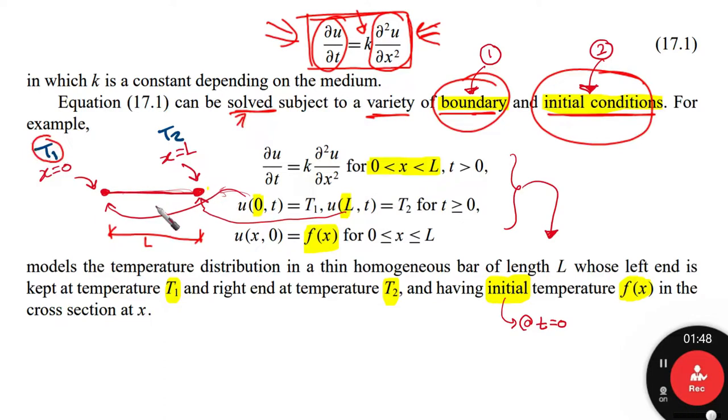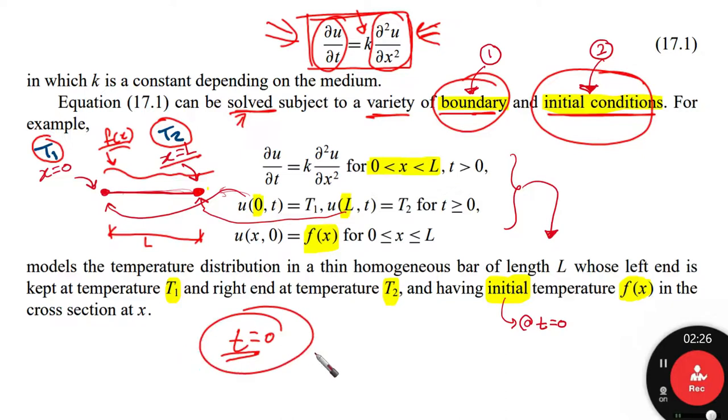However, the right end, which is x equal to L, is kept at another constant temperature T2. These are the boundary conditions, and we have an initial condition: the temperature profile along this bar is a function of x, f of x. So at t equal to 0, the bar has the function f of x.